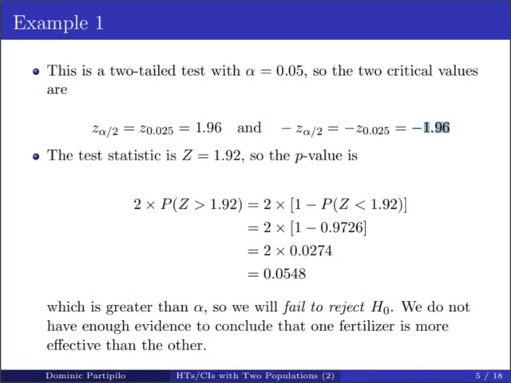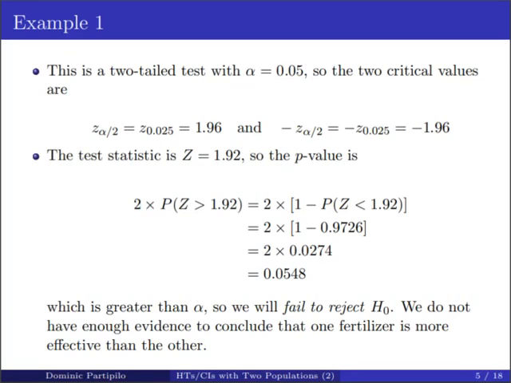So our test statistic, remember, was 1.92. So the p-value is the probability of observing something as extreme or more extreme than what we saw. So this is going to be the probability that Z is greater than 1.92, the probability that something is more extreme in the right tail, but we also have to consider the left tail, so we have to multiply this by 2.